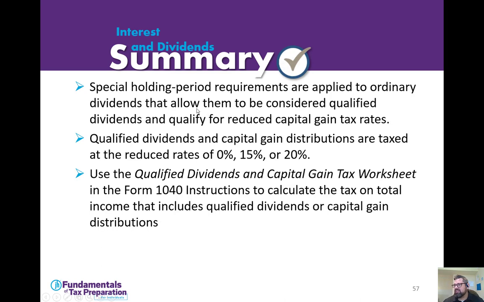We don't need to worry about that. That never comes up. The capital gains rates of 0, 15, and 20% are good to know just so you can talk to people about it, but it's not something you need to necessarily memorize for purposes of doing a tax return. It also talks about the qualified dividends and capital gains worksheet, which Profiler does for you.